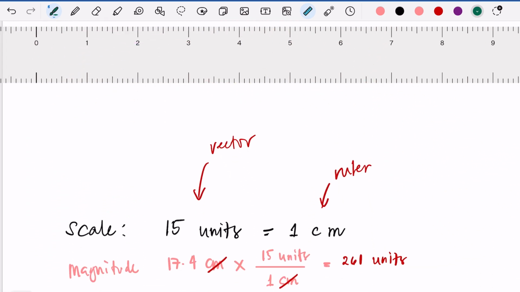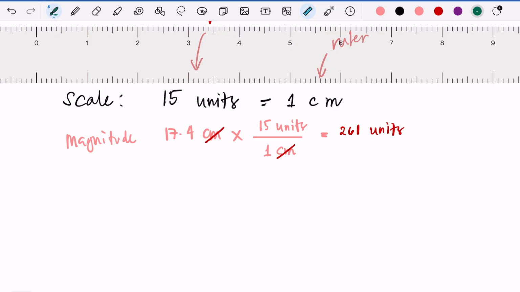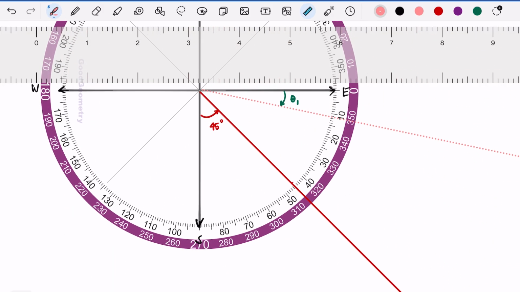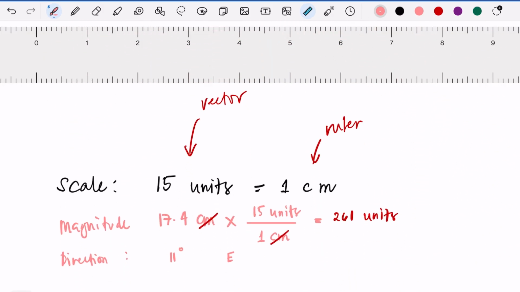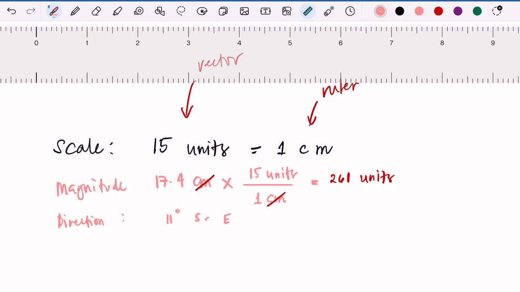So I have here magnitude and direction. So this is a vector, it involves both. I could say 11 degrees, I started from east, was it? Yeah, started from east going south. So that's going to be south of east. Remember this one? Started from east going south.